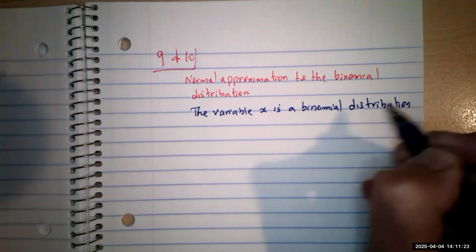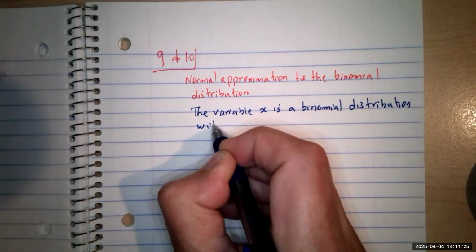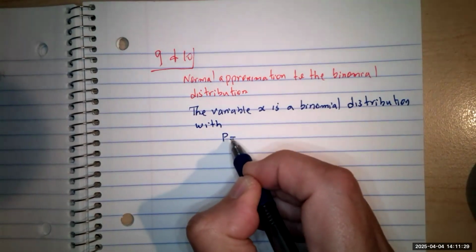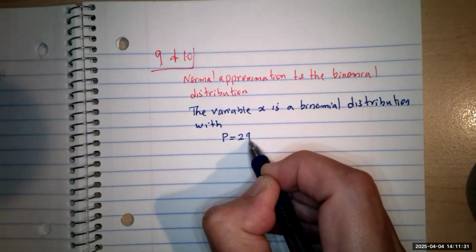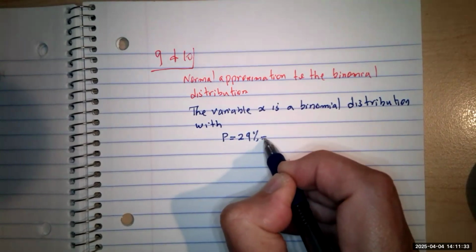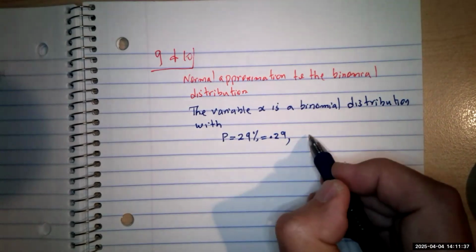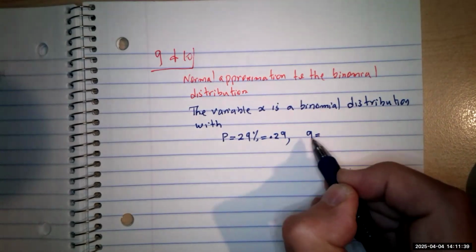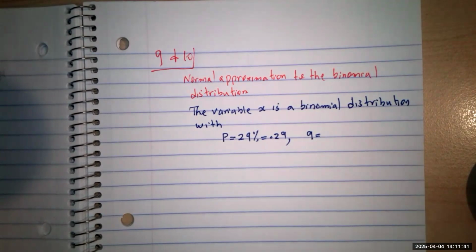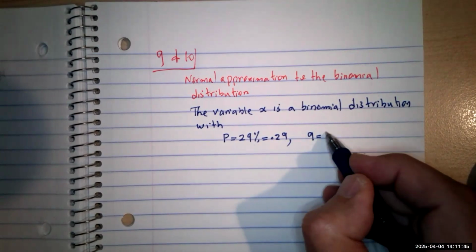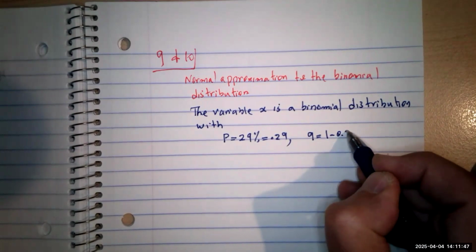Remember, when we say binomial, you have to give us the following: P, the probability of success, of 29%. When the people miss the payment, 0.29. Then you have to find the Q. Q is the leftover. It is 100% minus 29%, or 1 minus 0.29.